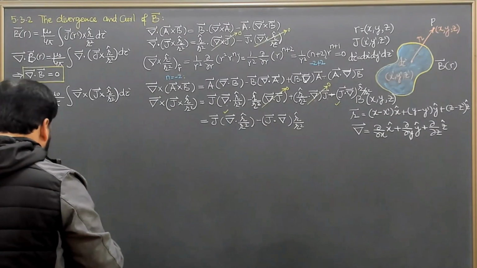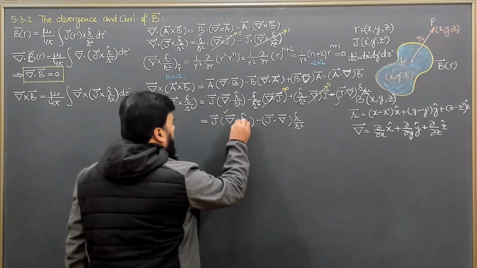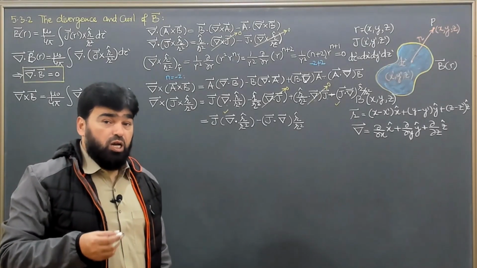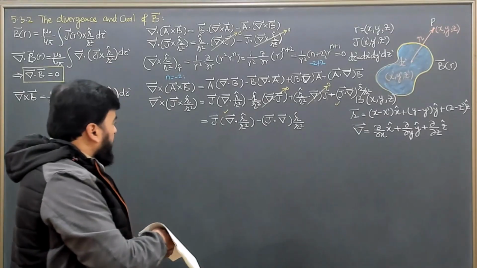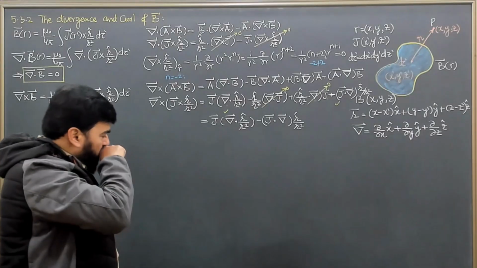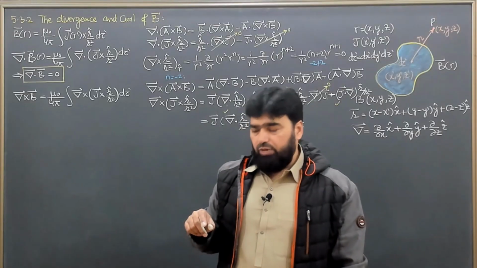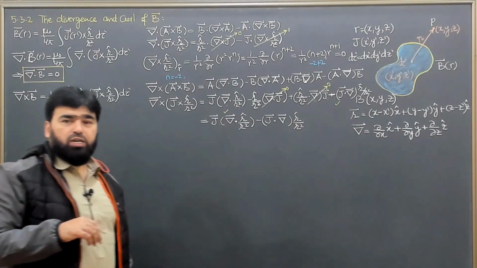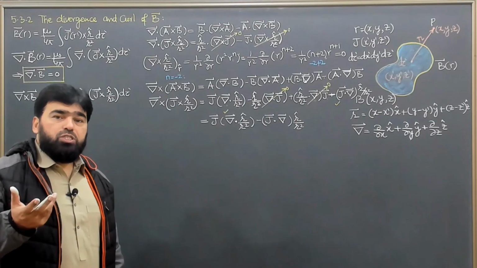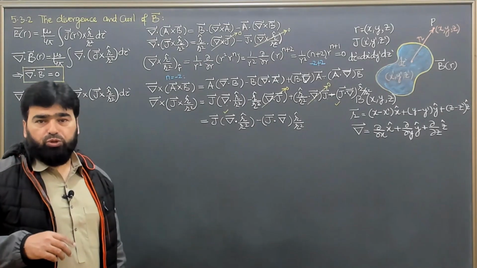When I see this one, in chapter 1 we calculated the divergence of R over R squared. With the divergence theorem, one side was giving us 0 while the other side was giving us non-zero, and we asked whether this was a problem with the divergence theorem or with this 1 over R squared function.